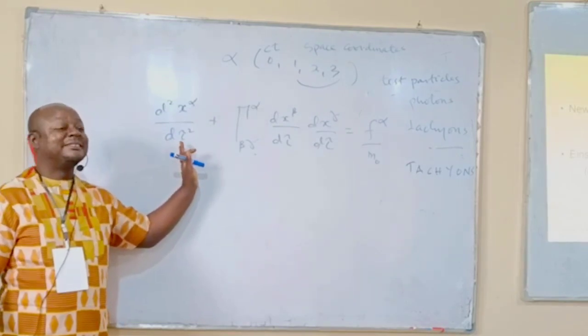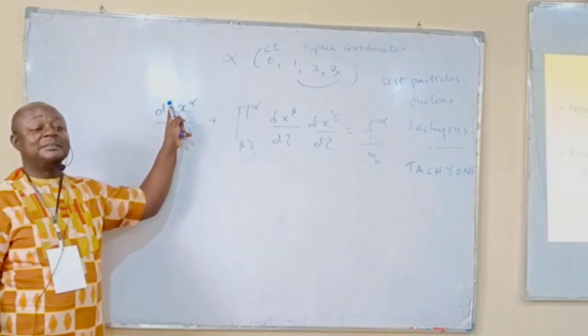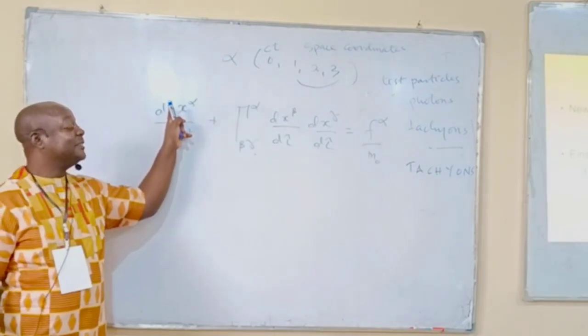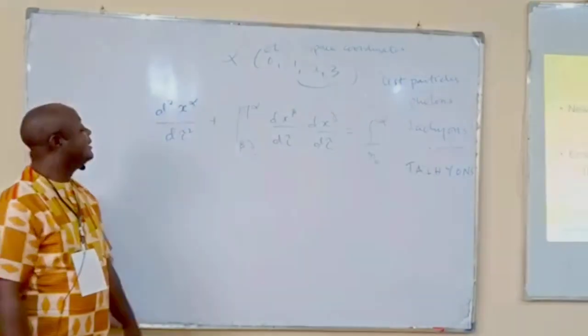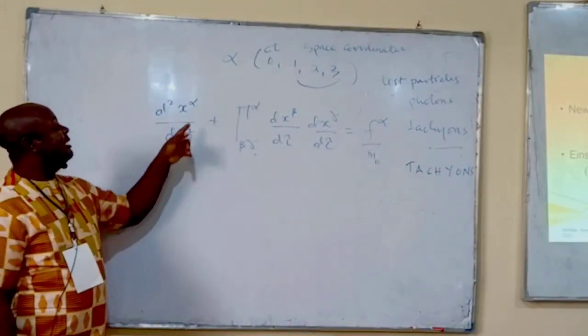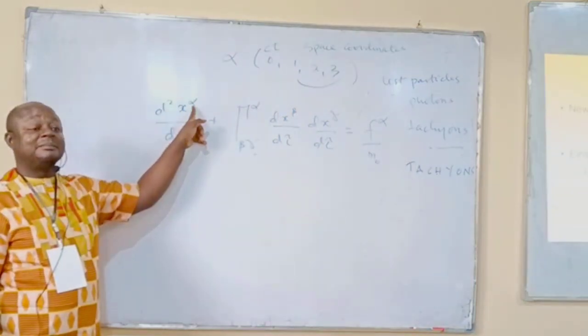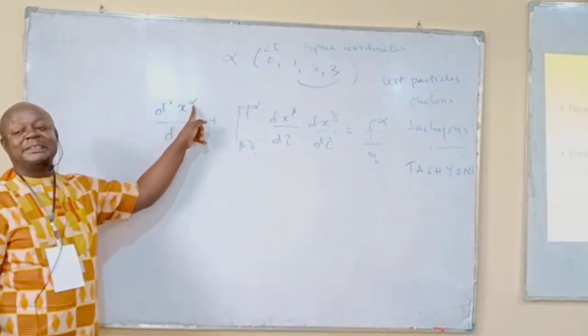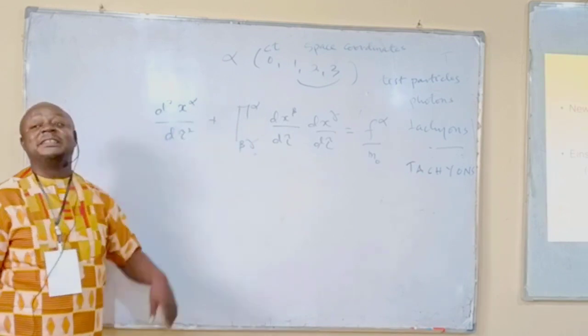Why? Because of this. And if you look at this, it will have how many components? 4. So in essence, we have 4 equations here.